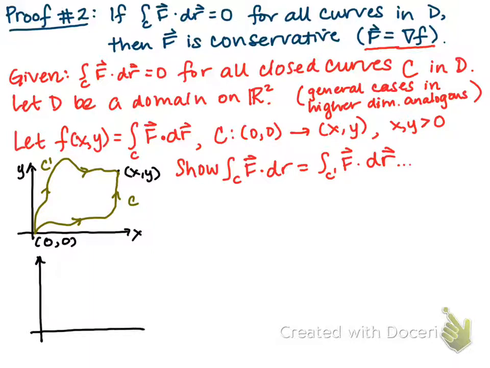let's go back here, x, y, this is 0, 0, x, y. So my closed curve starts and ends at 0, 0, and it's going to go along C, and it's going to return to 0, 0 along negative C prime.